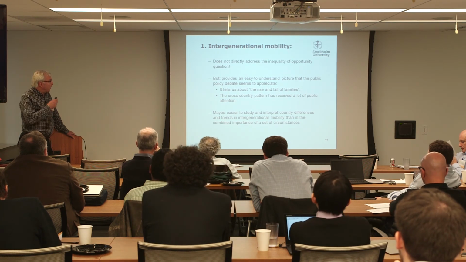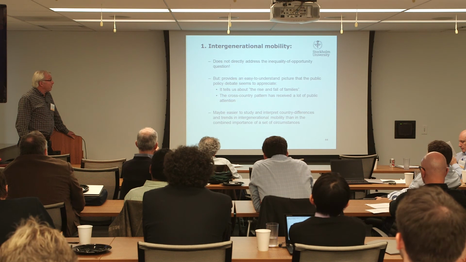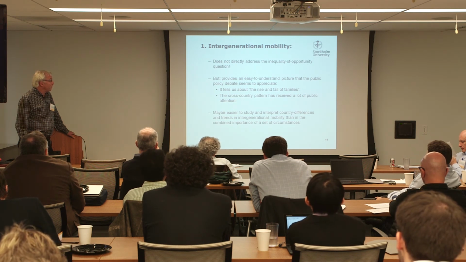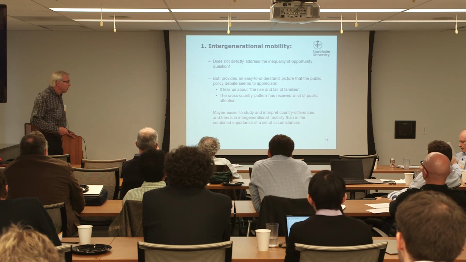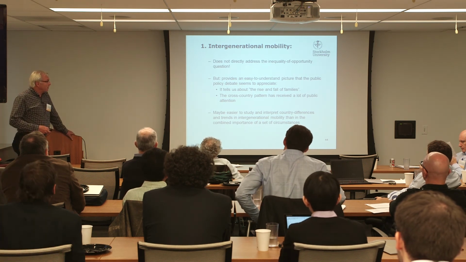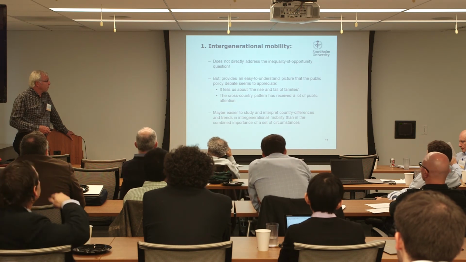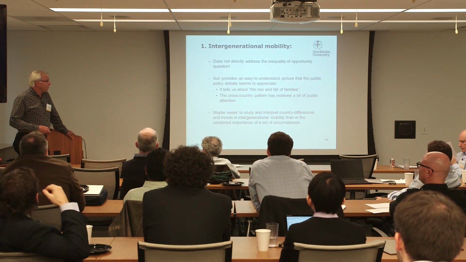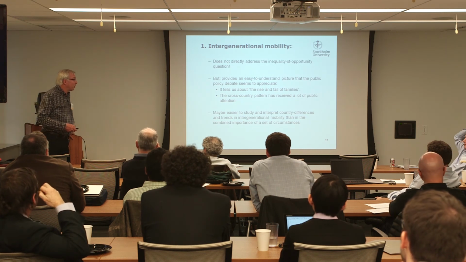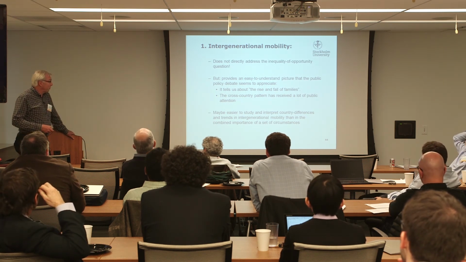So I still think this is a very fascinating type of study and a fascinating approach, but it's so obvious that there are many more variables that say something about inequality of opportunity, and that's not taken into account.